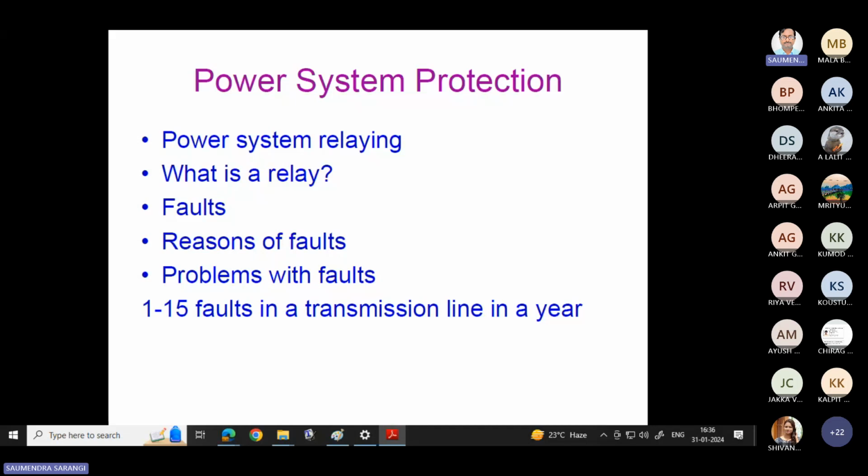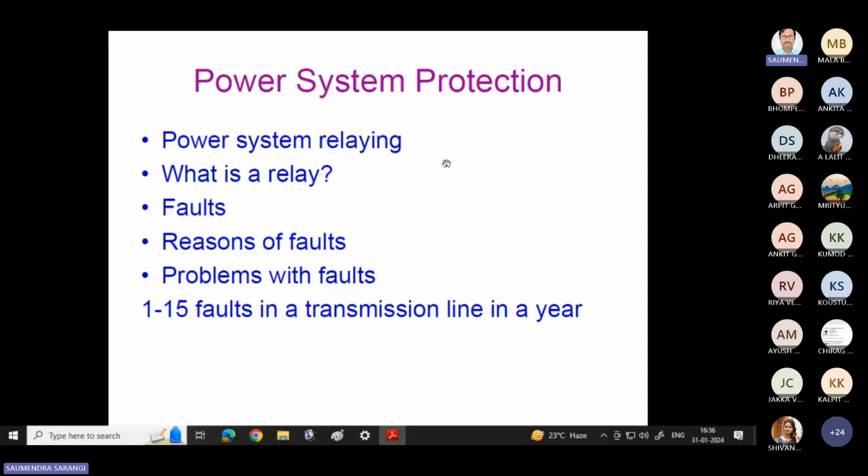The fault is a very rare case, like insulation burning, so the current will be really high. The fault current will burn all the circuit equipment like transformers, inductors, and other things. So when we are designing, the relay is nothing but something to sense the fault.